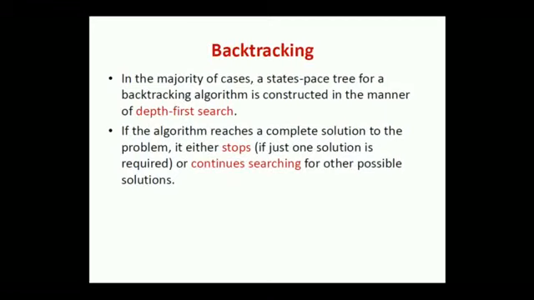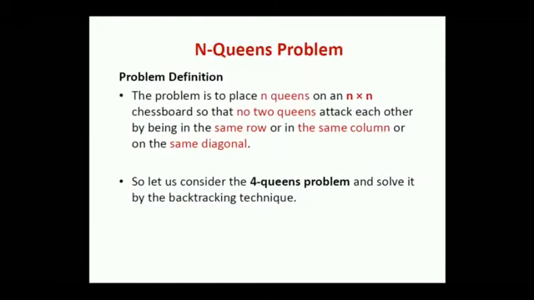If the current node turns out to be a non-promising node, then the algorithm backtracks to the node's parent to consider the next possible option for its last component. If there is no such option, it backtracks one more level up the tree and so on. Finally, if the algorithm reaches a complete solution to the problem, it either stops or continues searching for other possible solutions. So now we shall look into the application of backtracking.